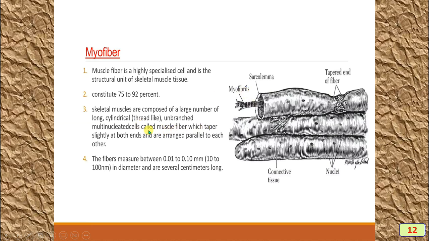These muscle fibers taper slightly at both ends and are arranged parallel to each other. The fiber measures between 0.01 to 0.1 millimeter in diameter, and is several centimeters long.